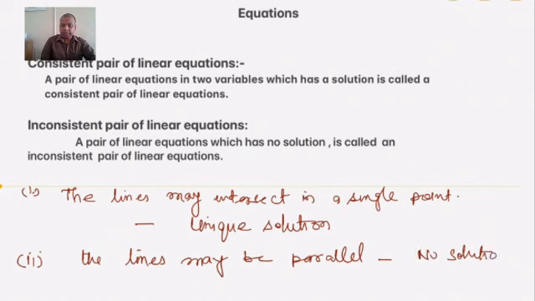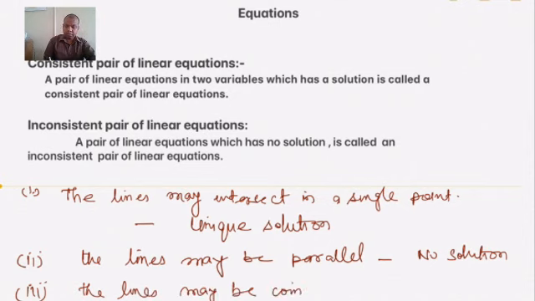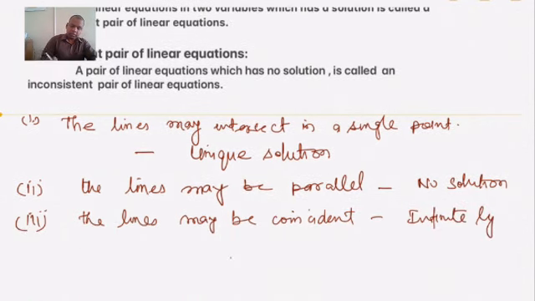And third case is the lines may be coincident, and in this case the equations have infinitely many solutions.